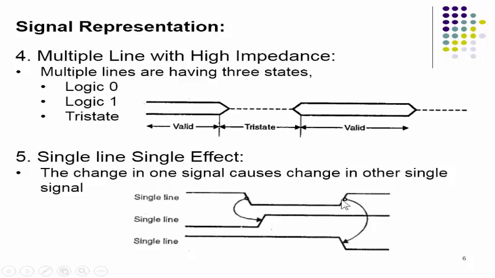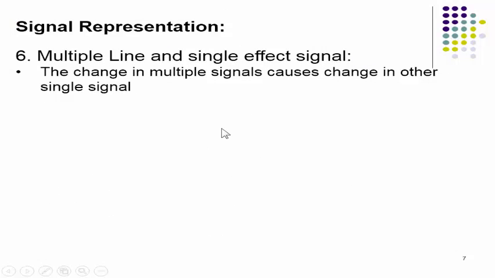Again, the first single line is changing from logic 0 to logic 1, and at the time of the rise time the third single line signal is changing from logic 1 to logic 0. So the third single line signal is changing its state because of the change in the single line status, that is logic 0 to logic 1. This is nothing but single line single effect.